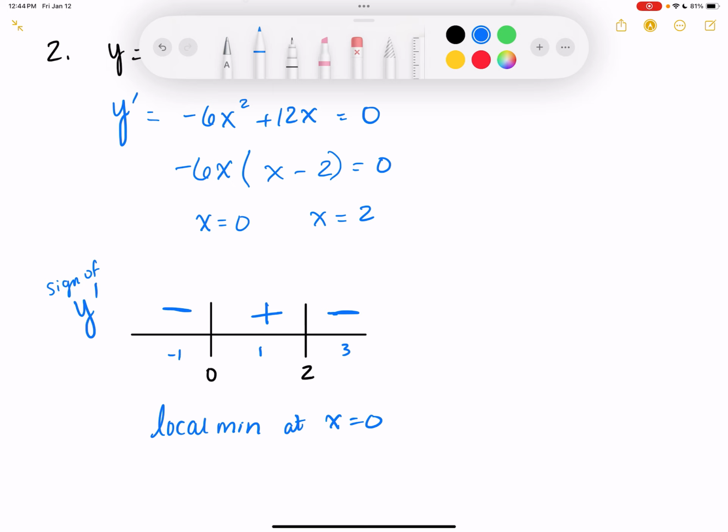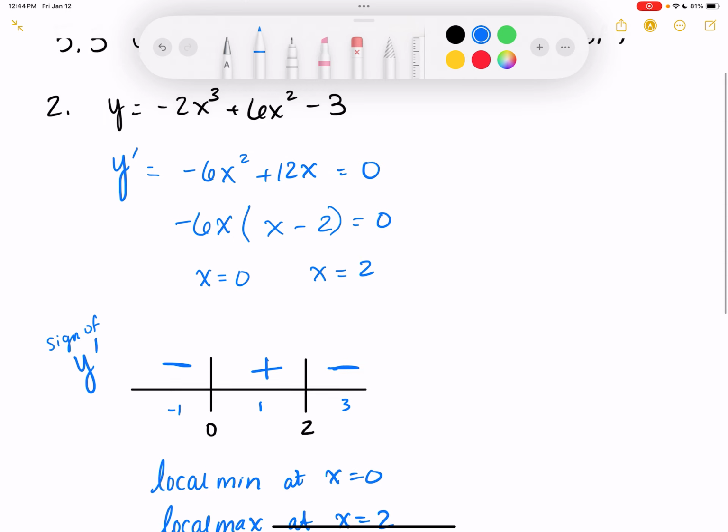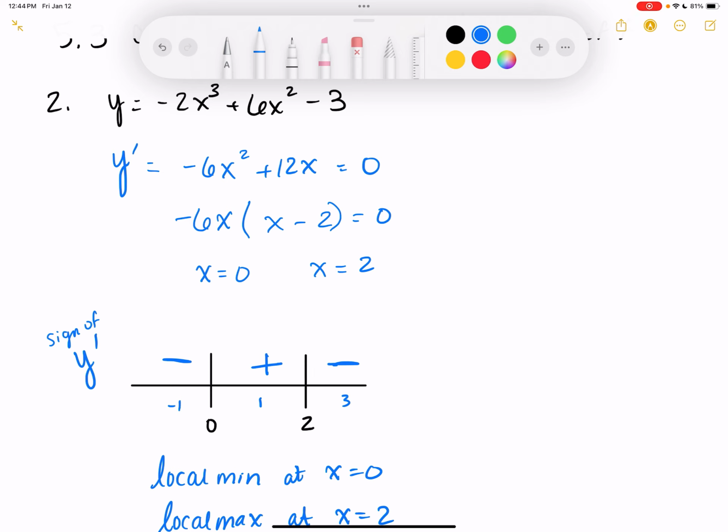And then what happens when we go from positive to negative? Max. So we have a local max at x equals 2. And then we take these numbers and plug them into the original to get the point.